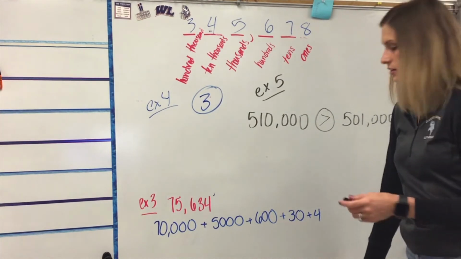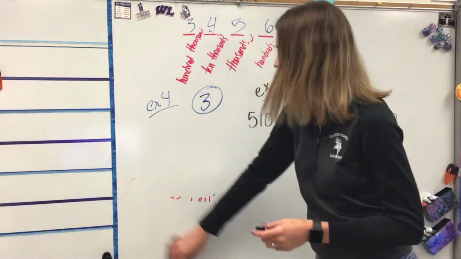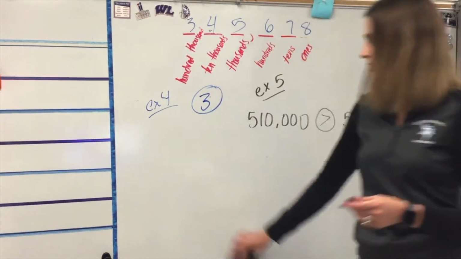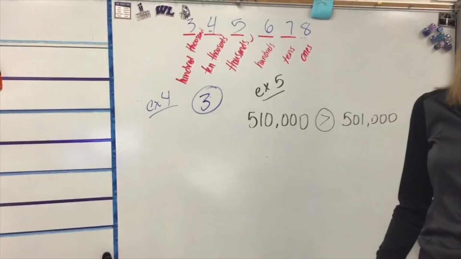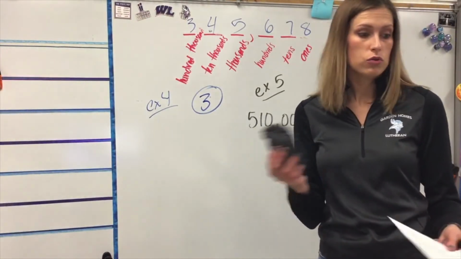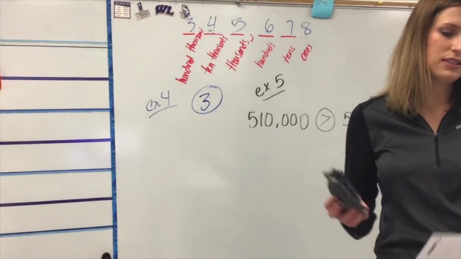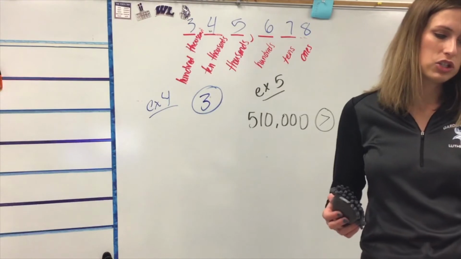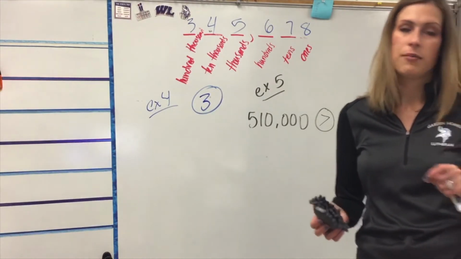And last one, example 6, gives us all those numbers that we have to put in order from least to greatest. Now, while I get those numbers on the board, why don't you count up the digits and find which numbers have the least amount of digits.